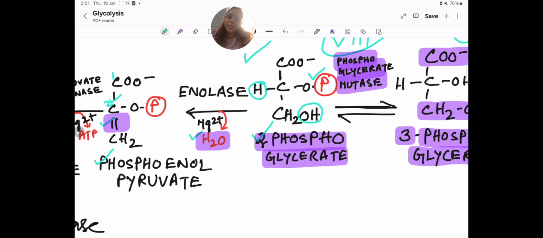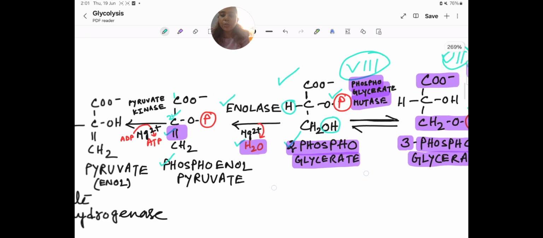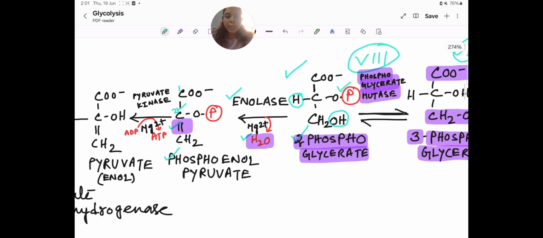This compound is named phosphoenol pyruvate, and the enzyme is named enolase. So enolase will convert 2-phosphoglycerate to phosphoenol pyruvate by removing one H2O. Okay, so this is step 9.